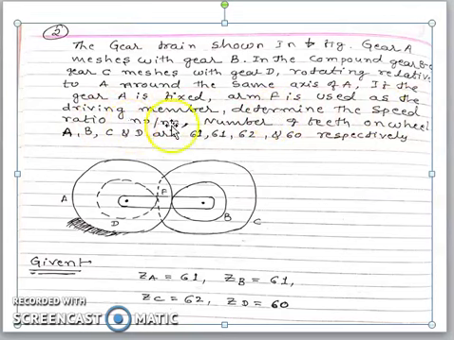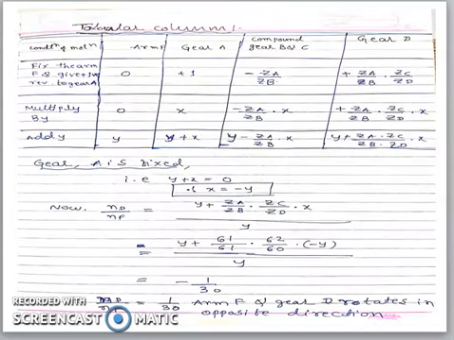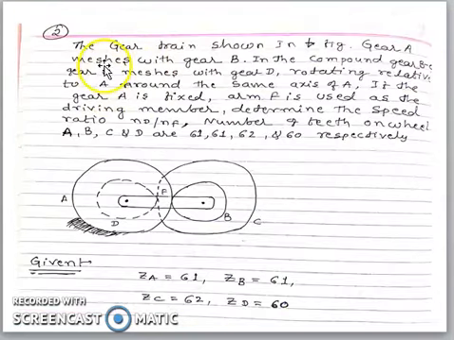Determine the speed ratio, that is ND by NF. ND is nothing but the speed of gear D divided by the speed of arm F. The number of teeth on wheels A, B, C and D are 61, 61, 62 and 60 respectively. Just first understand the problem clearly, then we can go with the easy steps. It is a very simple problem.